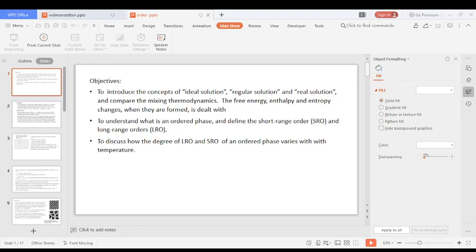As you see here, the order persists to a large degree and then decreases somewhere near the critical temperature of ordering. Above that temperature, Tc, the solid solution becomes completely disordered as far as long range order is concerned, but there can still be what is known as short range order. The variation of the short range order as a function of temperature is shown by the dashed lines.